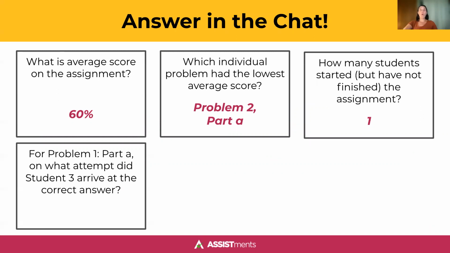So for problem 1, part A, on what attempt did student 3 arrive at the correct answer? There's a couple different ways to access this information. But for problem 1, part A, how many attempts did it take student 3 to arrive at the correct answer?